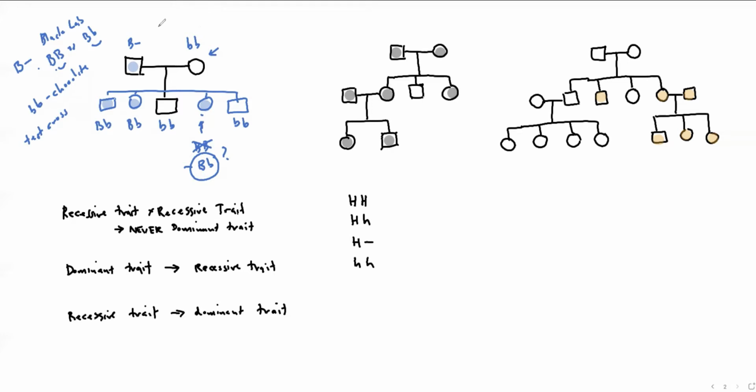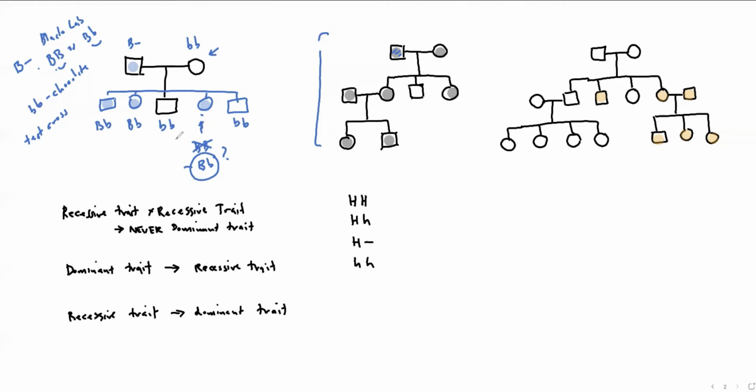You might just get information from a tree, like what we have over here, and you have to determine from that whether the darkened in trait is a dominant trait or a recessive trait. Okay, and that's also relatively easy.